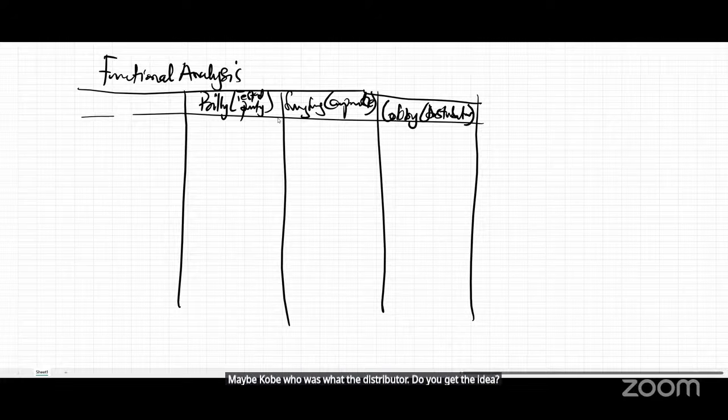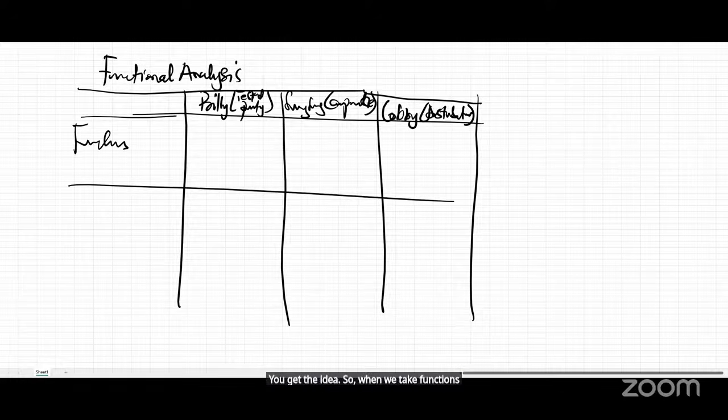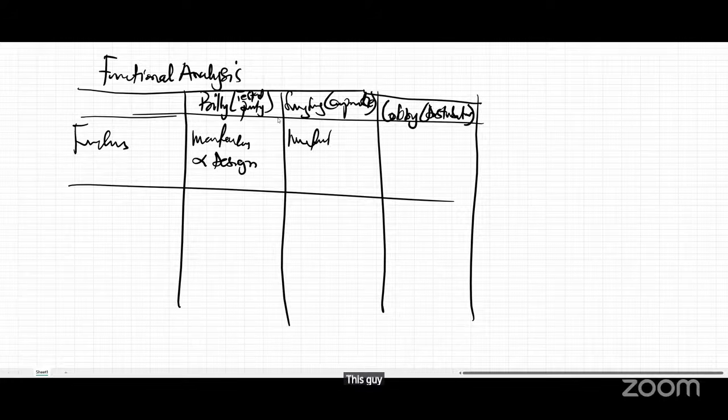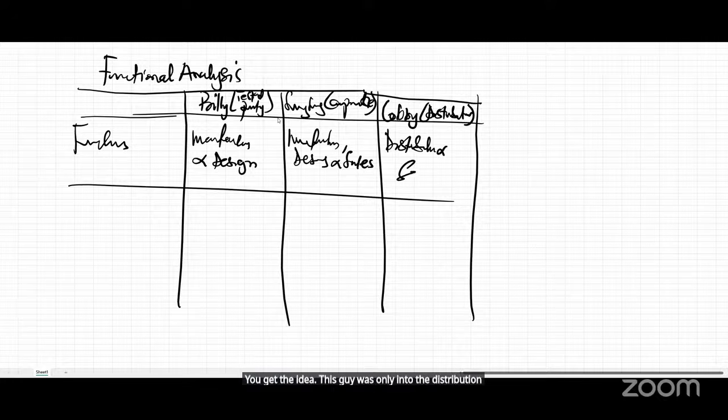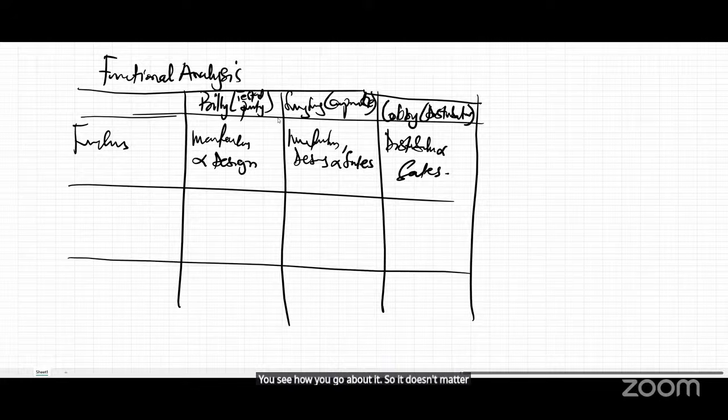So when we take functions, what functions? This guy was into manufacturing and design. This guy was also into manufacturing, design, and sales. This guy was only into the distribution and sales. You see how you go about it? So it doesn't matter if you can't remember. The one you see, you say it.